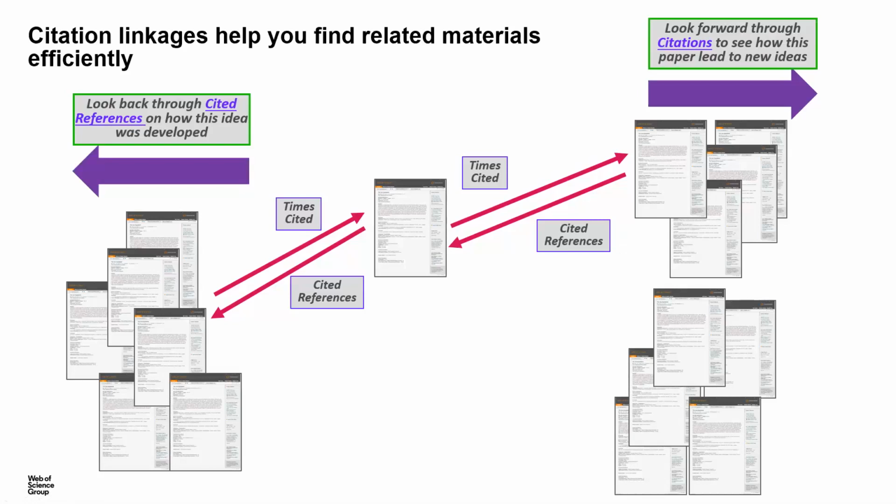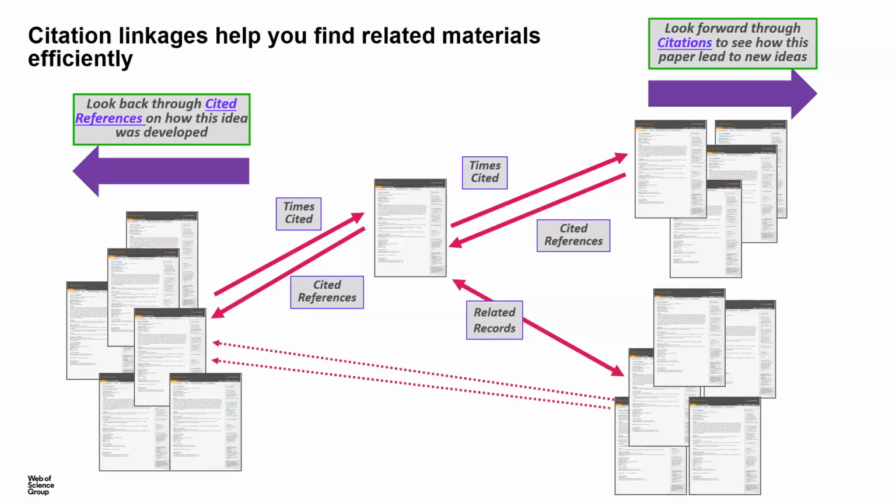So they do not have any citing relationships, but because their references are similar, we have a third option for you to find related content, which is to click into the related records. These related records are records that share similar references, but they might not have cited each other. So there are 3 ways for you to find related papers now in Web of Science.